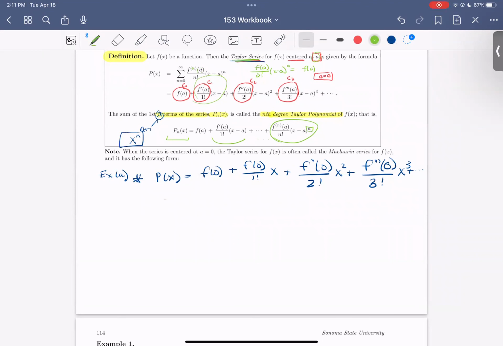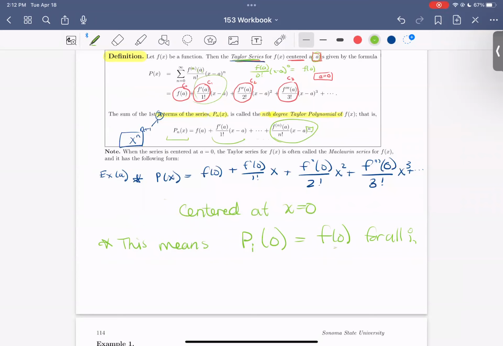And in this case, our Taylor series was centered at x equals 0. So what does that mean? This means P_i at 0 is equal to f of 0 for all i, meaning any of our nth degree Taylor polynomials aligns with our function at 0.